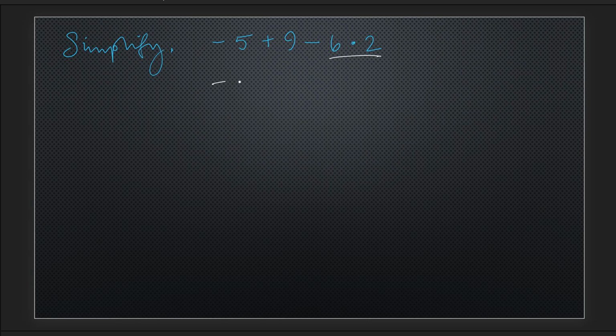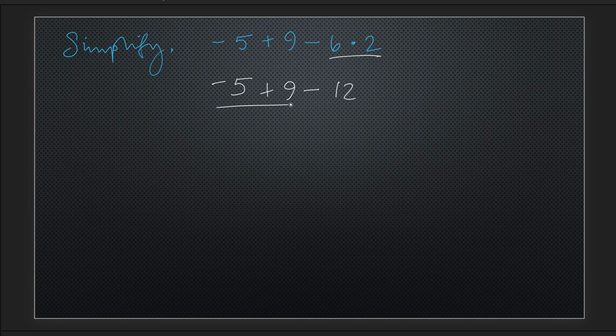Now I'm going to write right under this expression what this expression is going to change to. 6 times 2 is 12. So now this is what this expression changes to. I don't take 6 times 2 equals 12 and put that in there. No, I just replace that with this. Now I'm looking at what's next. So we have addition and subtraction.